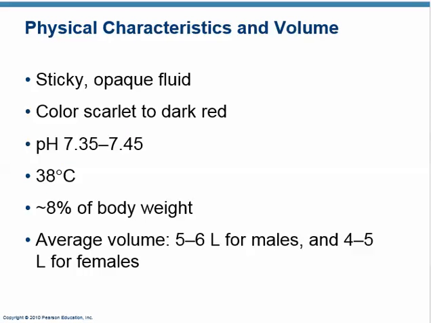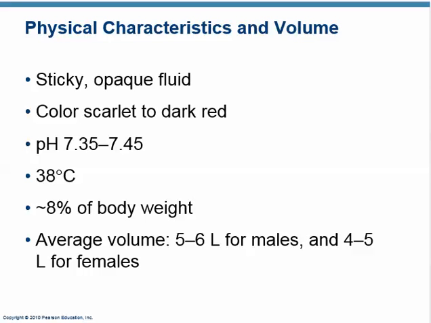When we look at blood, it tends to be sticky, it tends to be fairly viscous, it's opaque. If there's lots of oxygen in it, it can be fairly bright scarlet red. If it's low in oxygen, it becomes darker red.